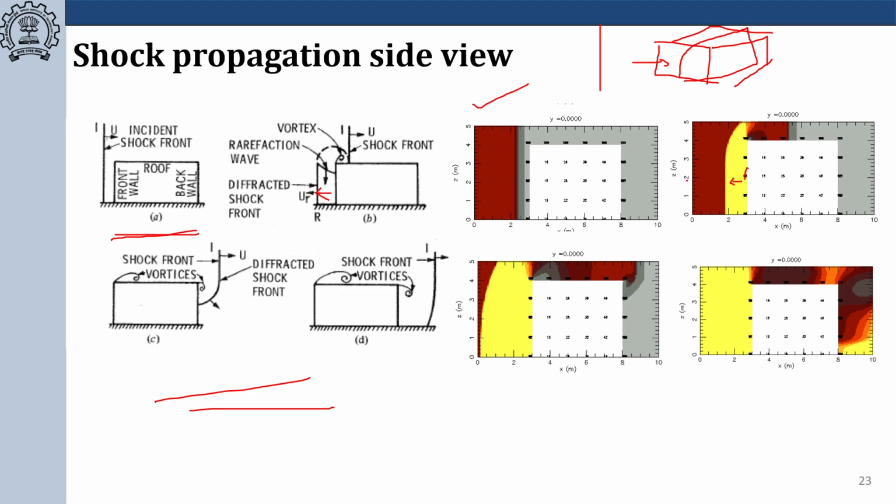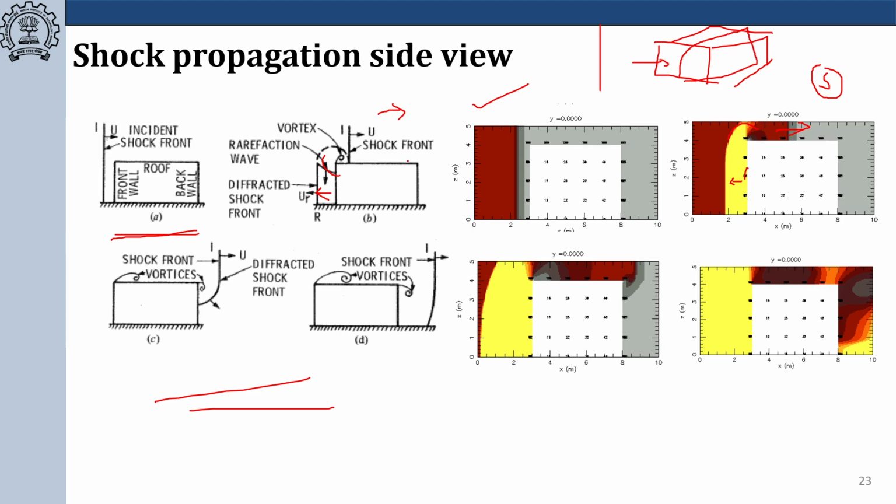The shock front gets reflected, and a portion of your incident shock propagates forward. A portion of the shock front propagates forward, and this portion is getting reflected. Because there is a difference in the pressure behind this, you have a vortex region, or a rarefaction wave is generated. If you want to see this rarefaction wave, you can increase the scale factor.